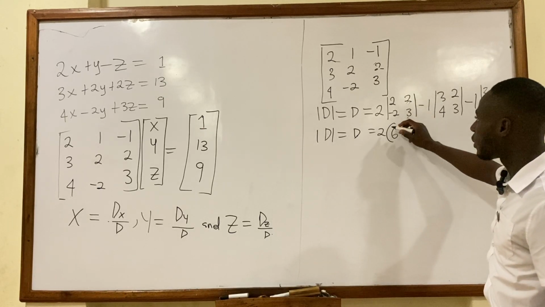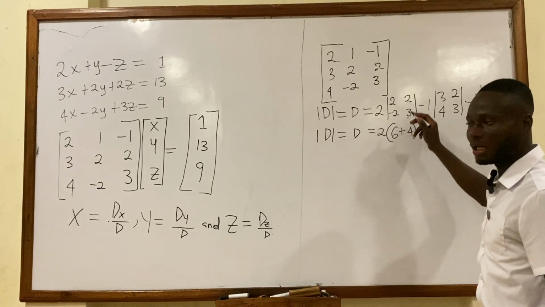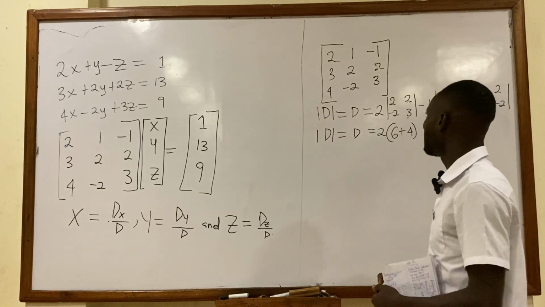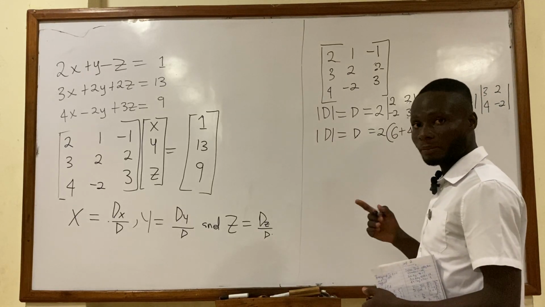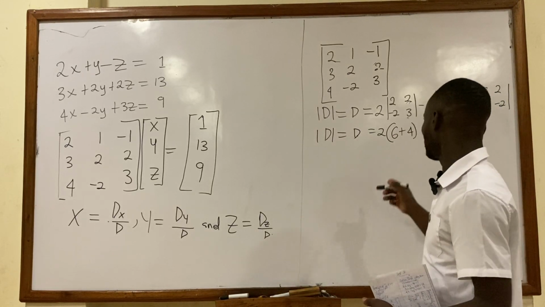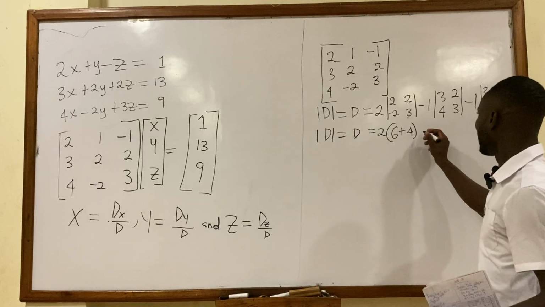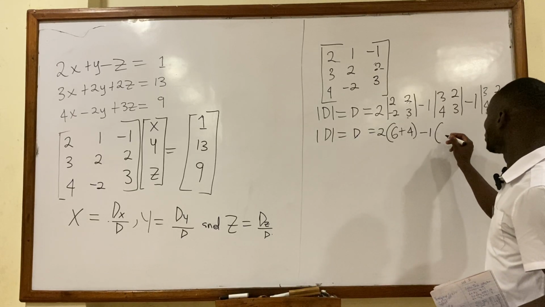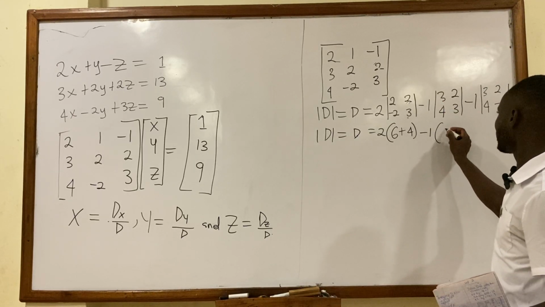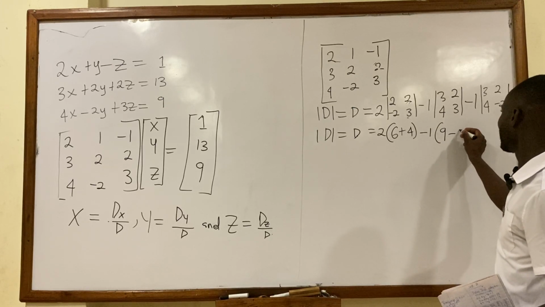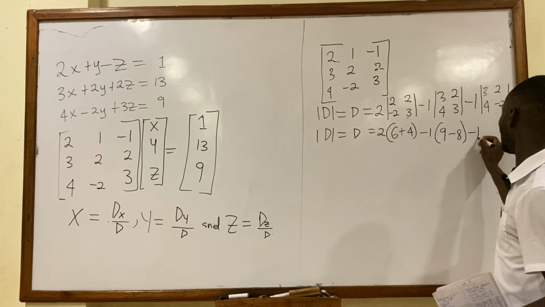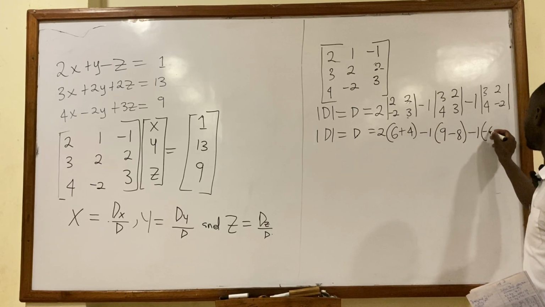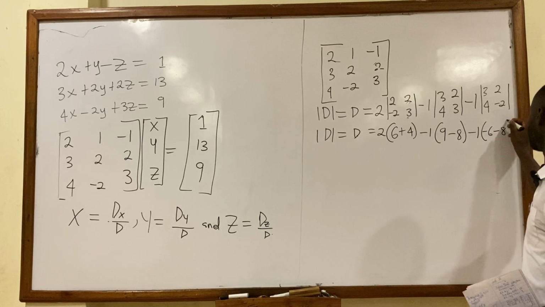And you know that on this off diagonal, when you want to find the product of it, it's going to be times a minus again. So it's going to be plus 4. And then minus 1 into this times this, which is 9, minus 8, minus 1 into minus 6, minus 8.